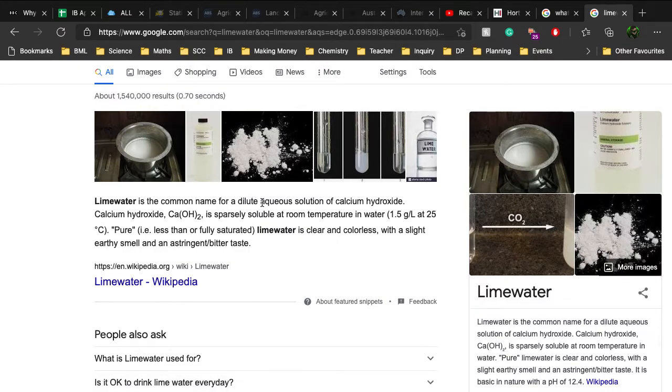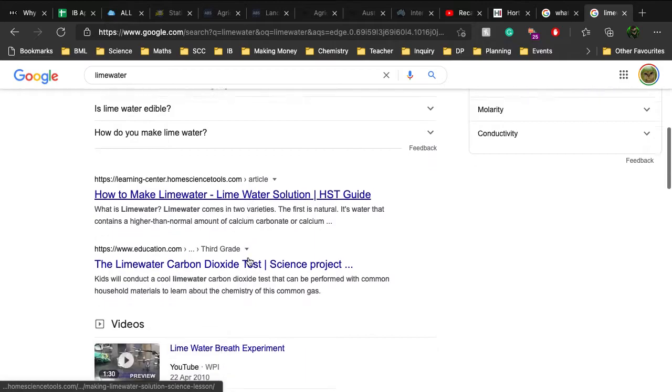Lime water is a common name for a dilute aqueous, just meaning water, solution of calcium hydroxide. Calcium hydroxide is sparsely soluble at room temperature, roughly 1.5 grams per liter. That's what I said.